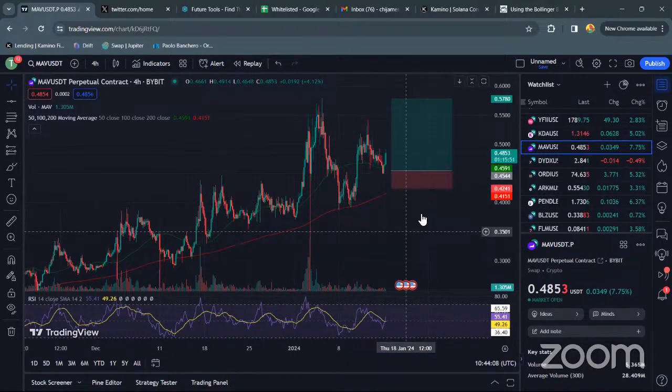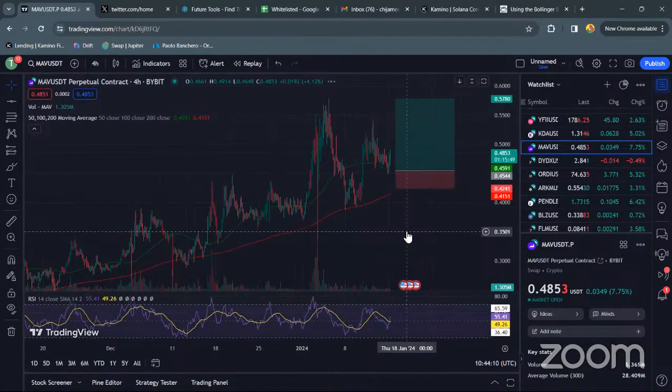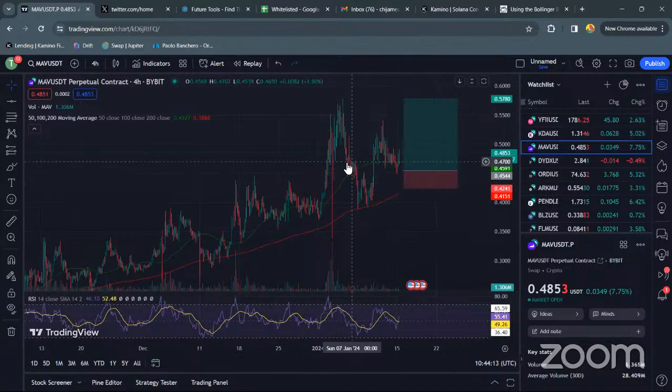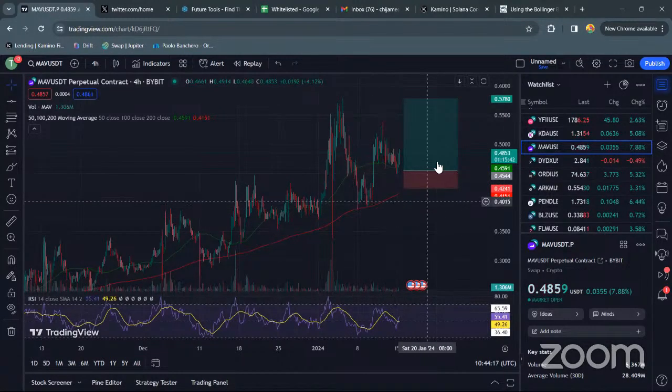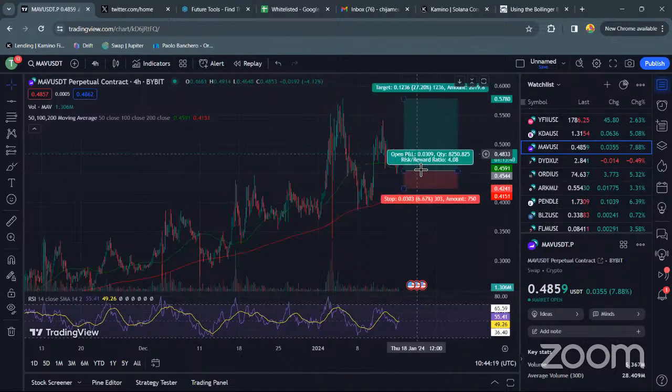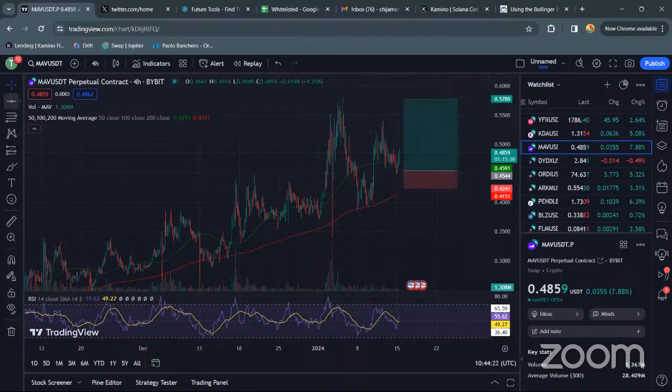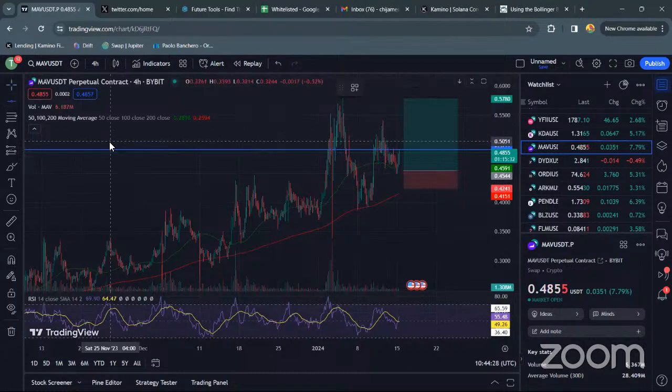If I'm looking to enter this MAV position, I would wait for a small dump. It's around 0.48 right now, so I'd wait for a dump somewhere around 0.45, and then my targets would be something like this.